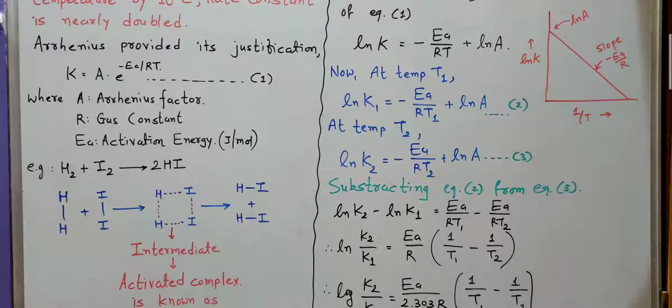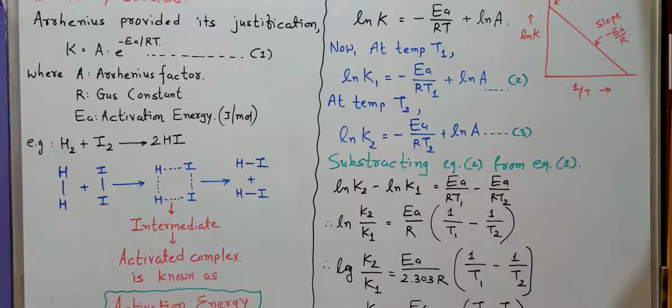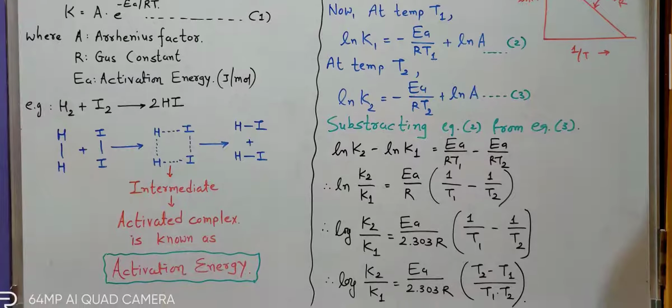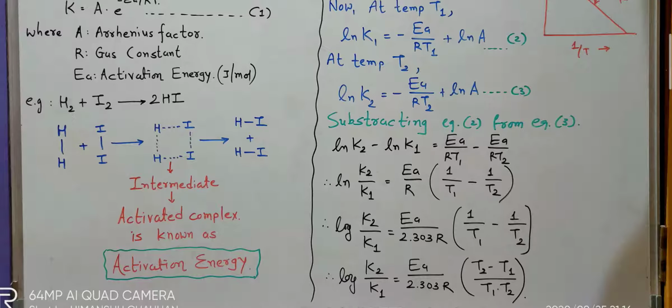Now, subtracting equation 2 from equation 3, so we will get this simple mathematical step: ln K2 minus ln K1 is equal to EA upon RT1 minus EA upon RT2. ln K2 minus ln K1 becomes ln K2 upon K1, is equal to EA upon R, which is common from these two steps, 1 upon T1 minus 1 upon T2.